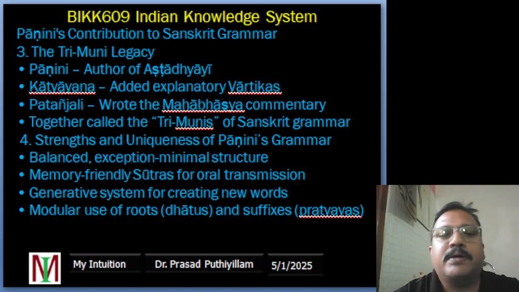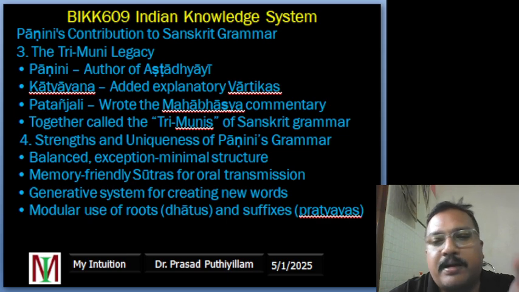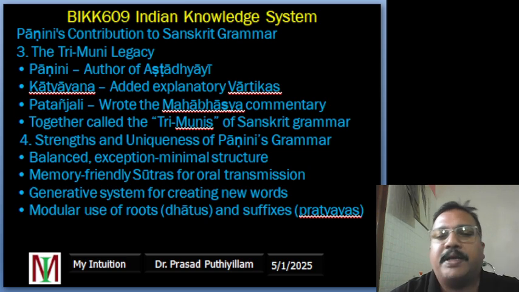After that came Patanjali, around the 2nd century BCE, and he wrote a book called the Mahabhasya. Mahabhasya means a great commentary. It carefully studied the work of both Panini as well as Katyayana.